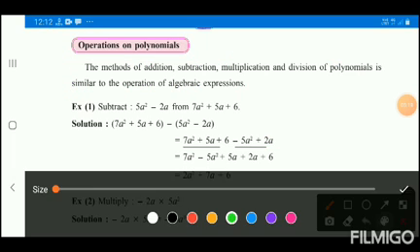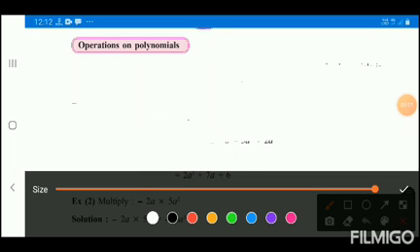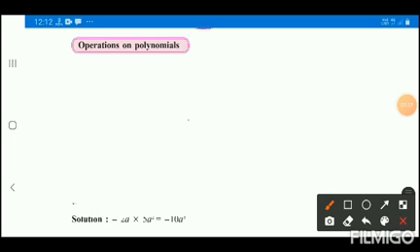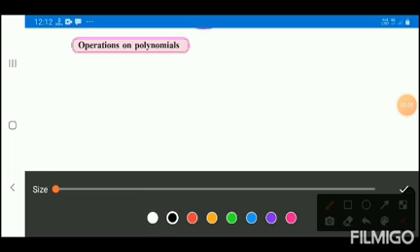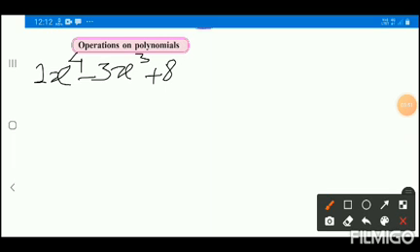So again the same thing. Just let me rub this. One more example of addition I will write here. Any polynomial you can take. I will take 2x raised to 4 minus 3x cube plus 8x square minus 9x plus 3.